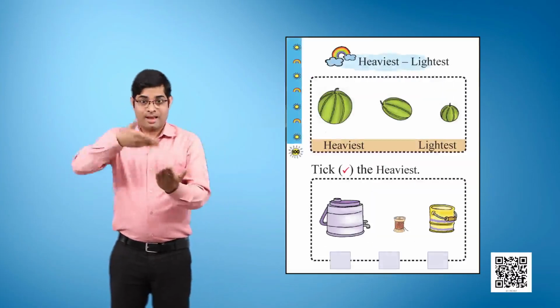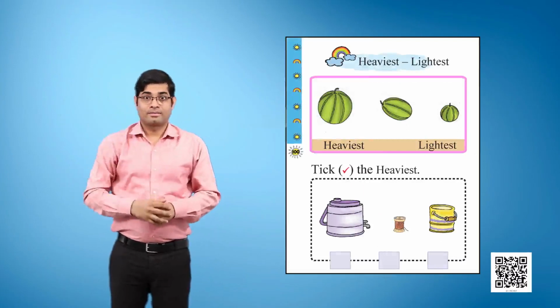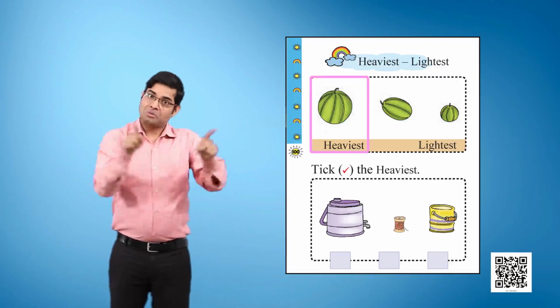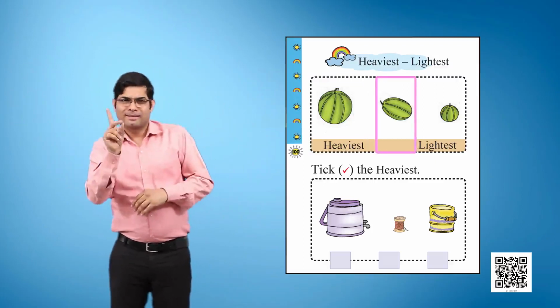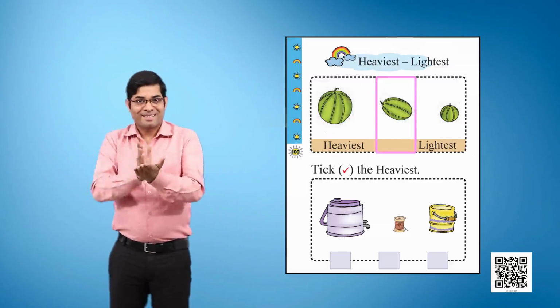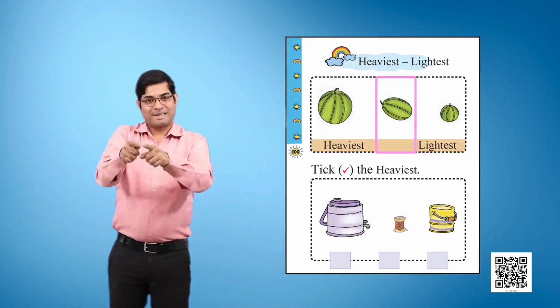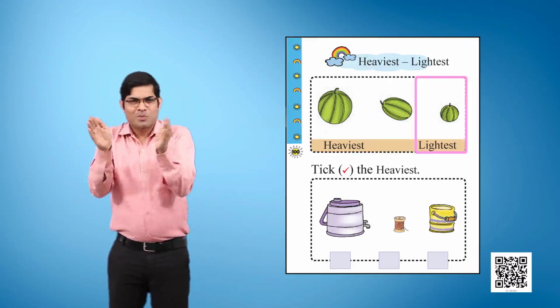Part 1 picture shows 3 watermelons. Watermelon 1 is as big as you are. Watermelon 2 is as big as your arm. Watermelon 3 is smaller than your arm.